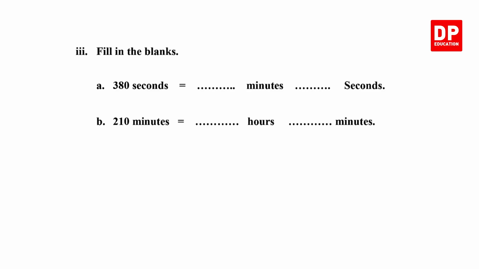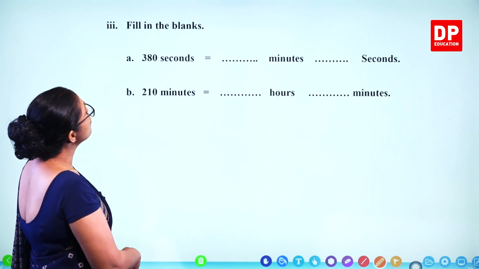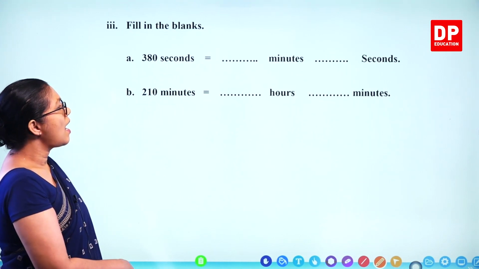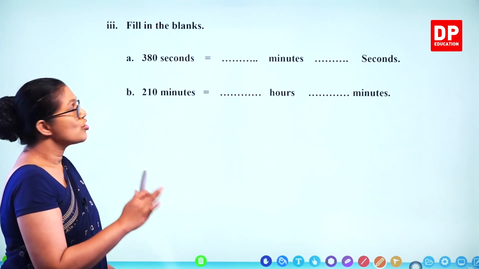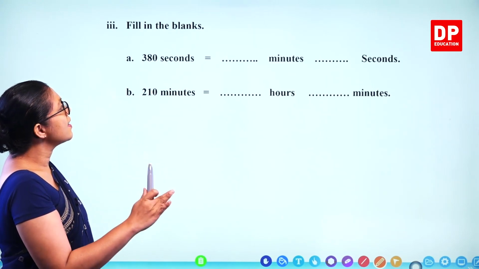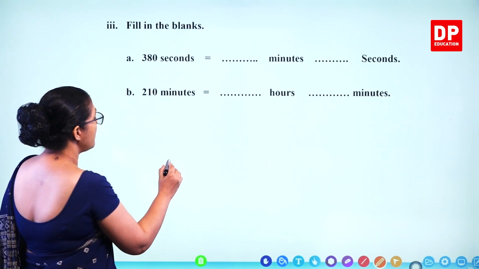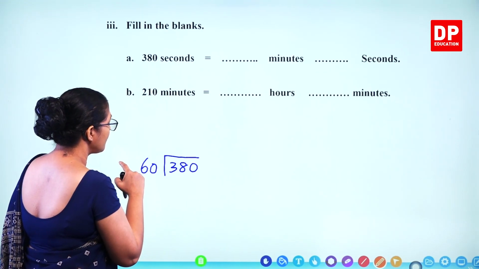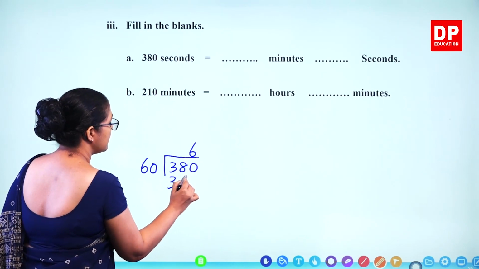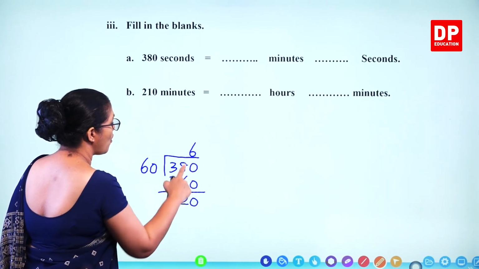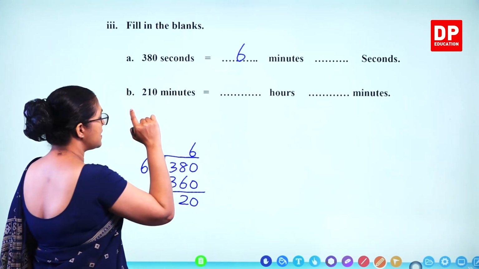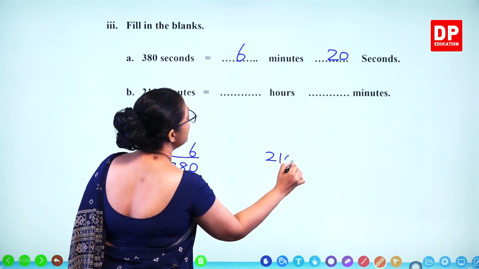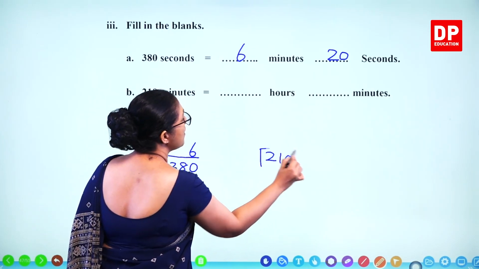Fill in the blanks. You are asked to convert 380 seconds in minutes and seconds, 210 minutes, hours and minutes. So all conversions 60 each. 60 seconds, 1 minute. So 380 divided by 60. That's 6. 360, 20 remaining. So how can you write down this? 6 minutes and 20 seconds. 210, you have to divide by 60 again.